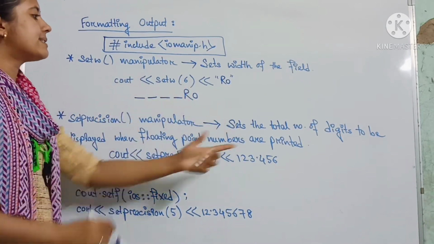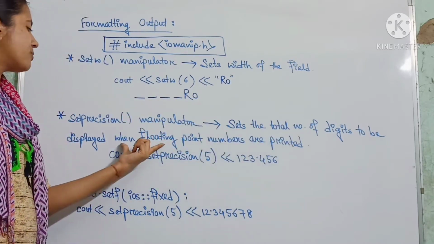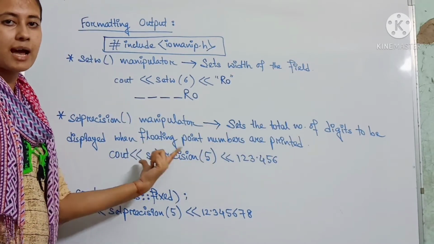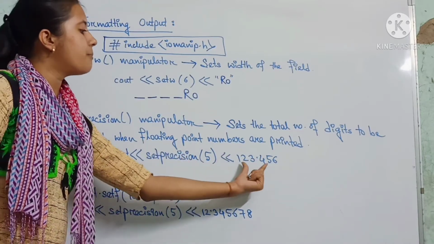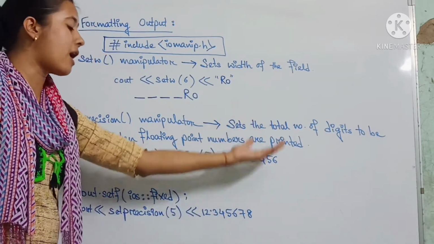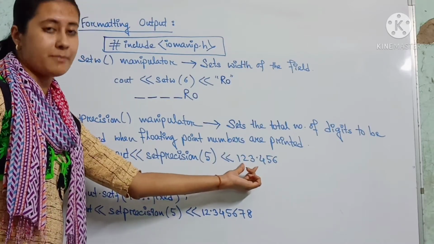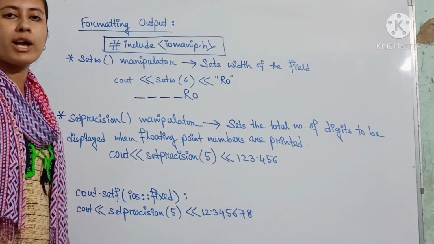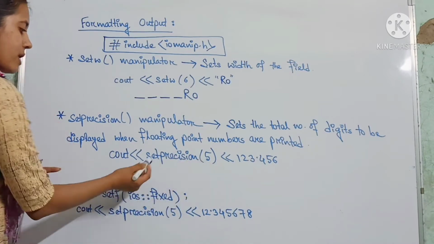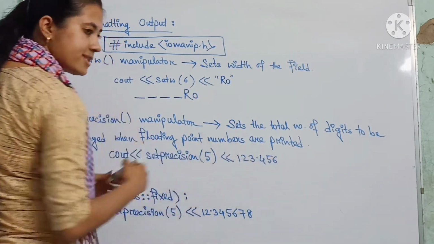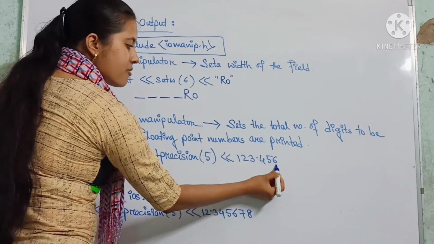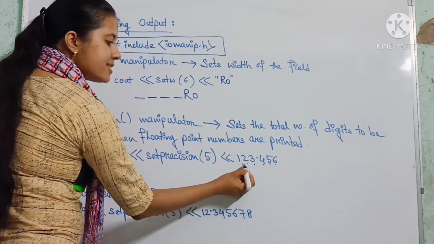What it does is set the total number of digits to be displayed when floating point numbers are printed. It tells us how many total digits will be printed if there is a floating point number. If I write cout setprecision(5) with the number 123.456, how many digits are there? 1, 2, 3, 4, 5, 6.